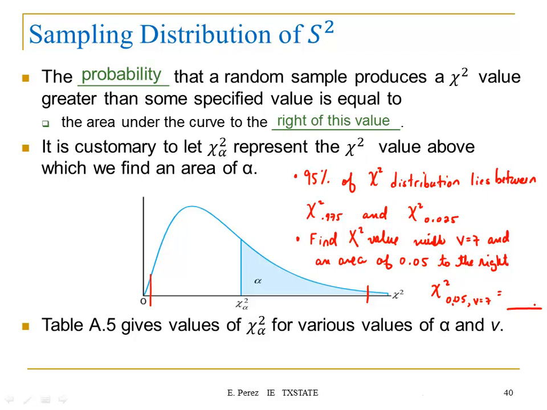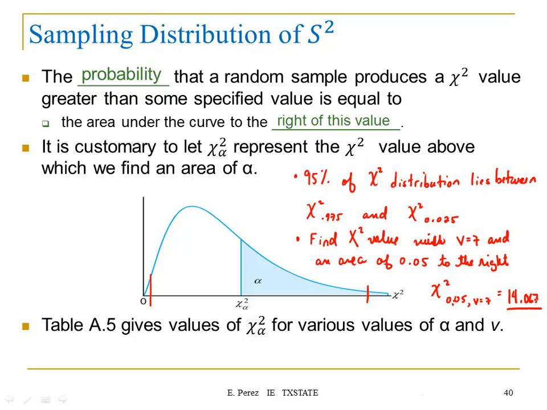So in this case, what will be the value of the chi-square? The value, correct, is 14.067. Were you able to find that number, all of you?